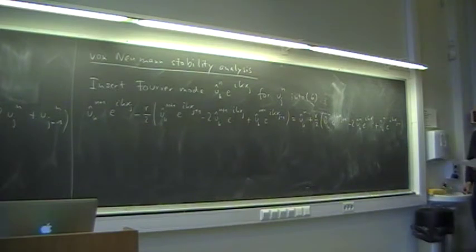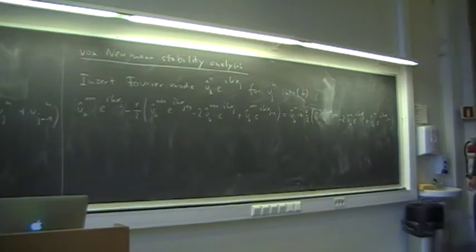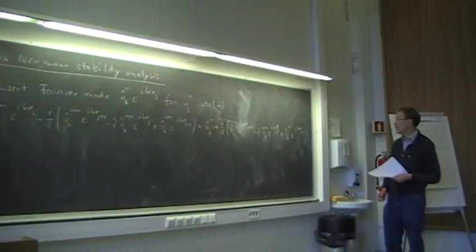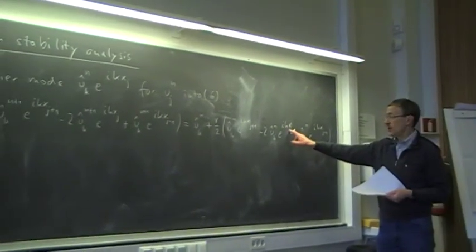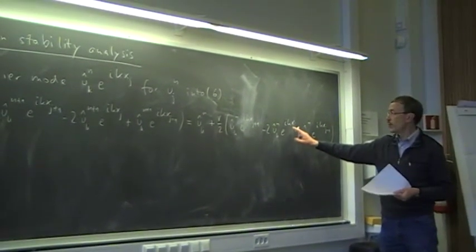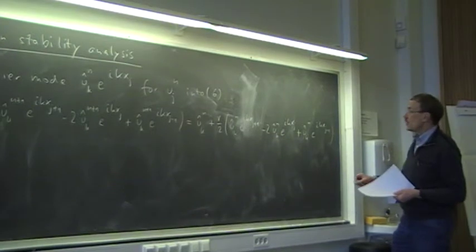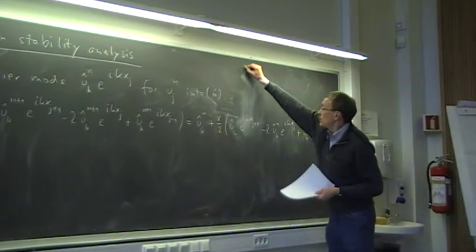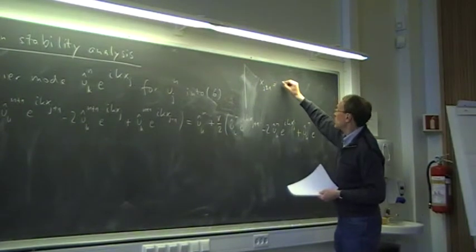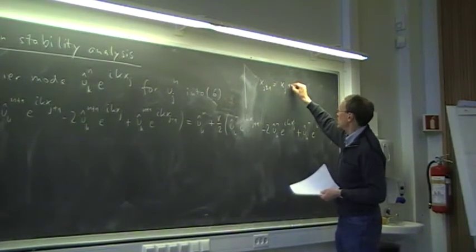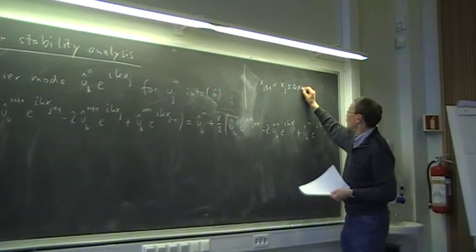So then we have taken everything into account, and now we simply observe that we can cancel the e^(ik x_j) everywhere, and we use here that x_j plus or minus 1 we can express as x_j plus or minus delta x.